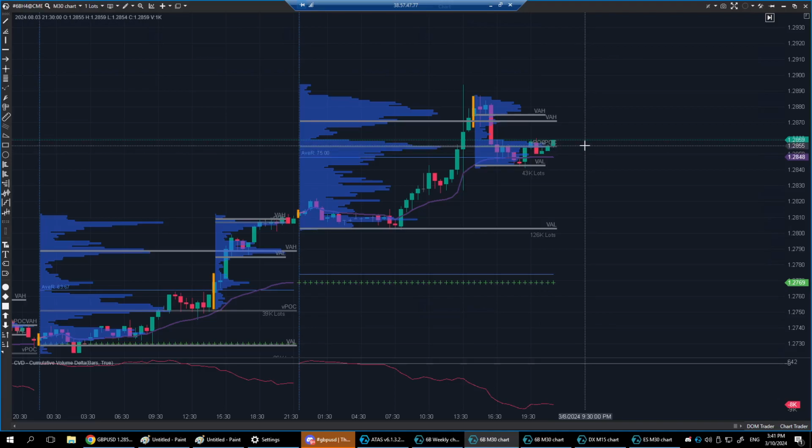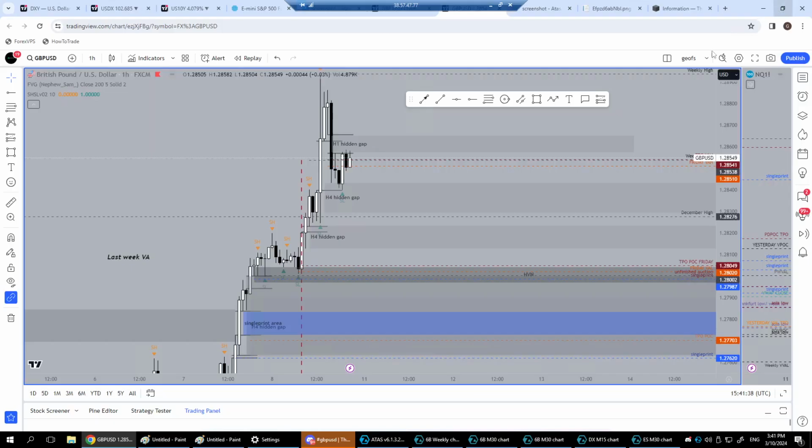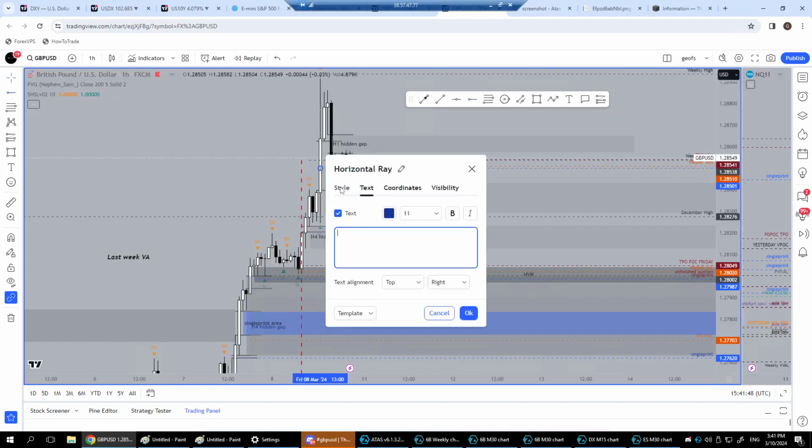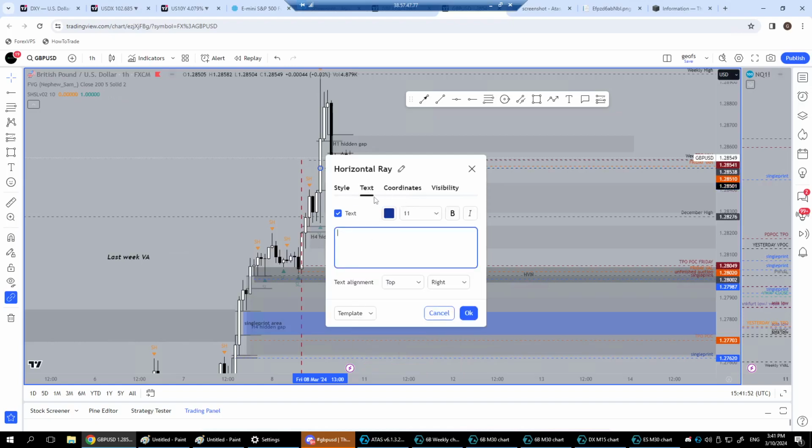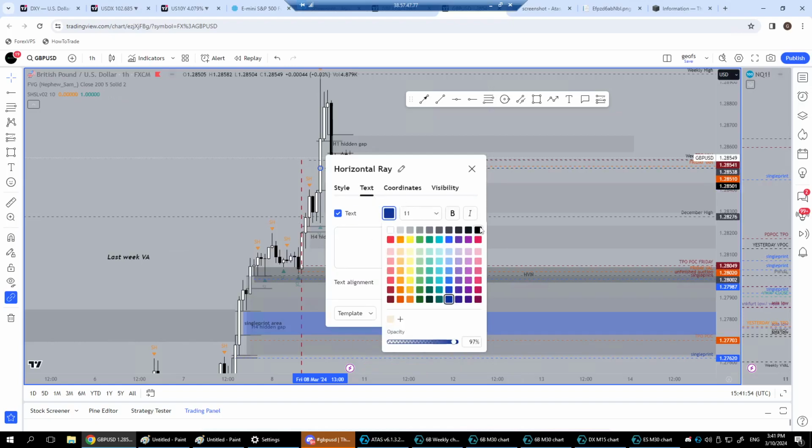Okay, Friday VPOC 2850. So you notice I'm applying a correction to the spot chart compared to the futures chart. This is just for this particular asset. So about a 5 pip difference.